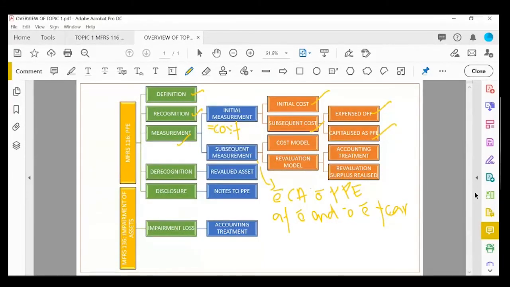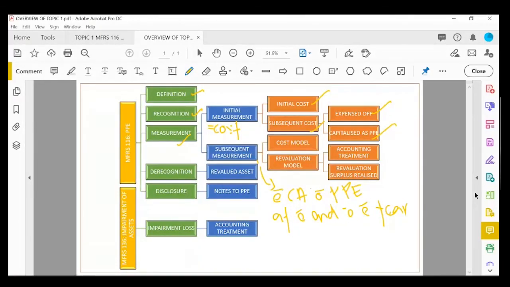Carrying amount is equal to revalued amount, which is equal to the fair value on the date of revaluation, minus any subsequent accumulated depreciation. Why subsequent? Because in the cost model, we don't have this word, subsequent accumulated depreciation and subsequent impairment loss. I will explain later why we have this subsequent.